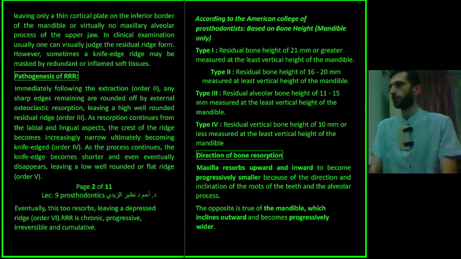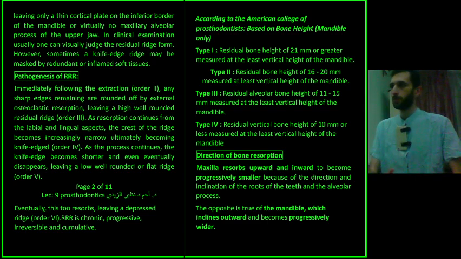Pathogenesis of residual ridge resorption. Immediately following the extraction, order 1, any sharp edges remaining are rounded off by external osteoclastic resorption, leaving a highly well-rounded residual ridge, order 3. As resorption continues from the labial and lingual aspects, the crest of the ridge becomes increasingly narrow, ultimately becoming knife-edged, order 4.